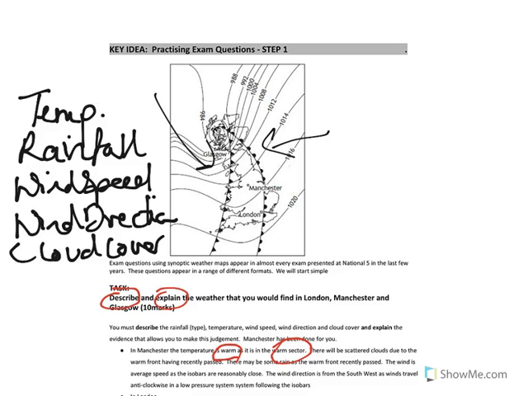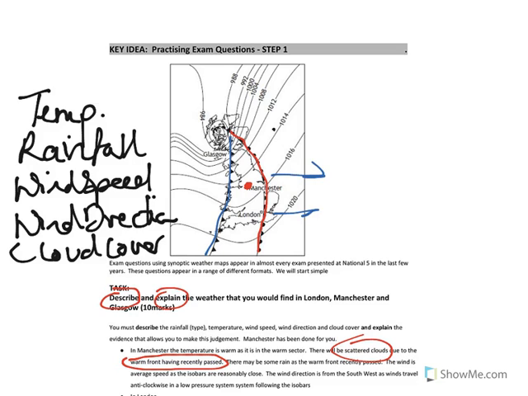Right, let's have a look at what else we've said. The question also indicates that there will be scattered clouds due to the warm front having recently passed. How do I know that? Well, there's Manchester, and these fronts are always moving from west to east in the UK, so this warm front must have been recently sitting over Manchester.